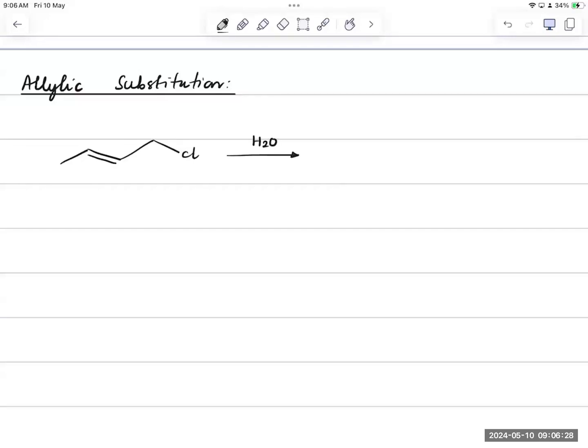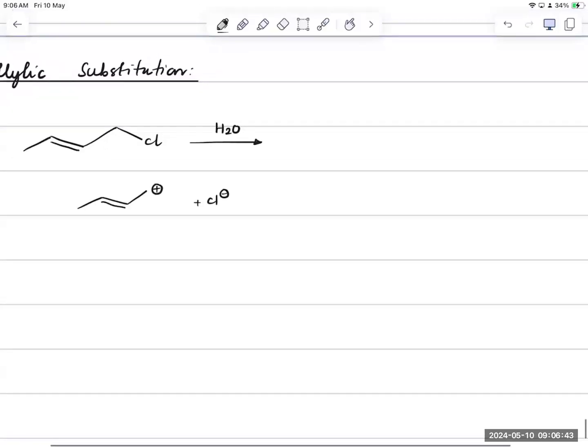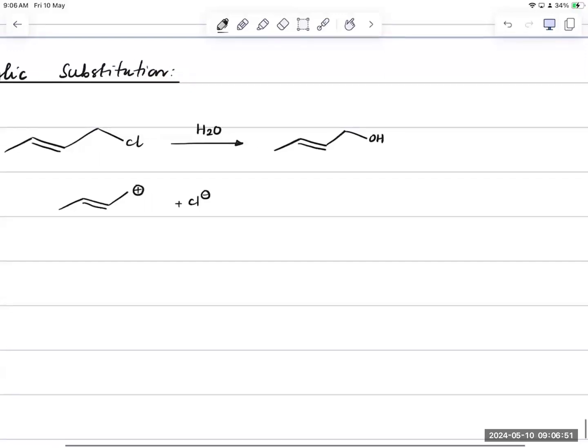I'm expecting this to go via an SN1 reaction. Because the allylic carbocation is more stable, I can expect that positive charge will be formed here and Cl minus will leave. Because positive charge is forming, I can expect OH to come here, like this.